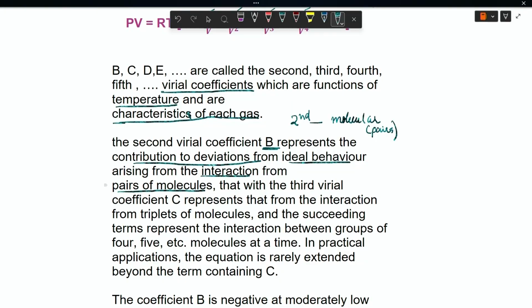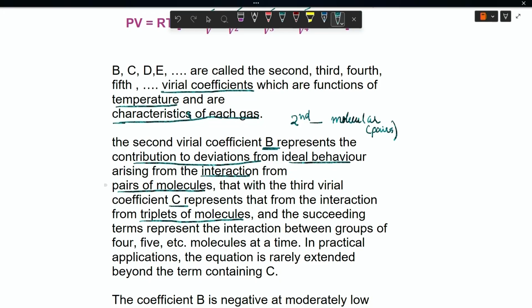So, that is the deviation. Now, the third virial coefficient C represents the deviation arising from the interactions of triplets of molecules, that is, 3 together, and the succeeding terms are for groups of 4, 5, etc.